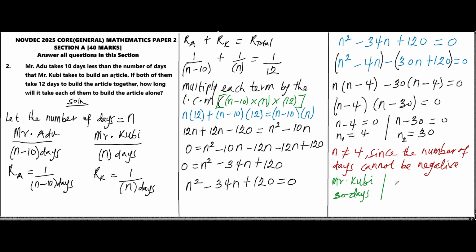And then for Mr. Edu, when you substitute 30 in place of n minus 10, we have 30 minus 10, and this gives us 20 days. So that is how long it will take each of them to build the article. Mr. Kubi 30 days, Mr. Edu 20 days.